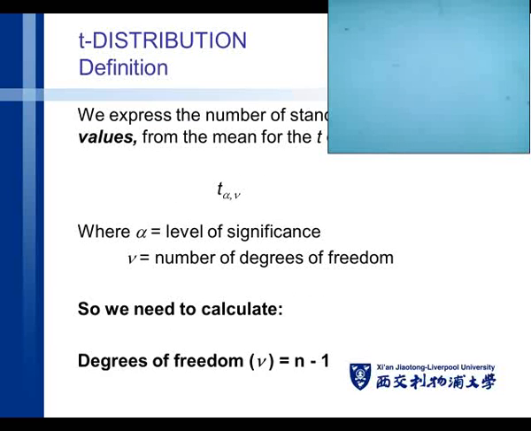The correction, if you use the sample standard deviation versus the population standard deviation. If you use the sample standard deviation, you divide by the square root of n minus 1. And this is exactly what we need to use here for the t-distribution. The degrees of freedom, n minus 1. Okay? The sample size minus 1.